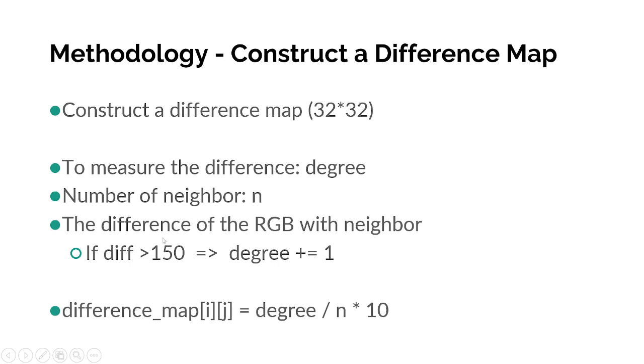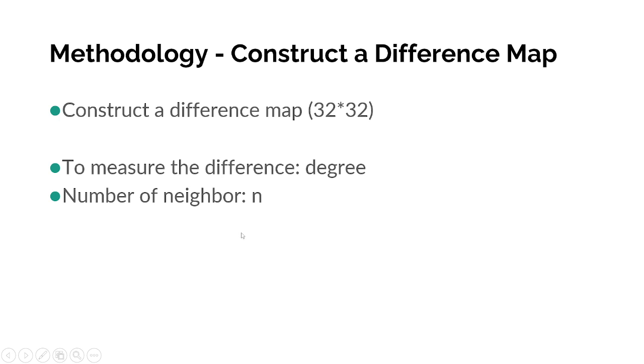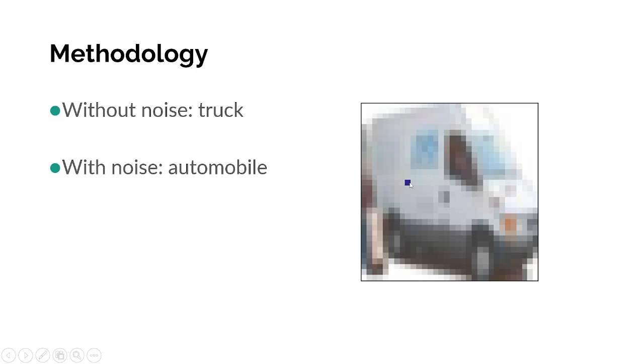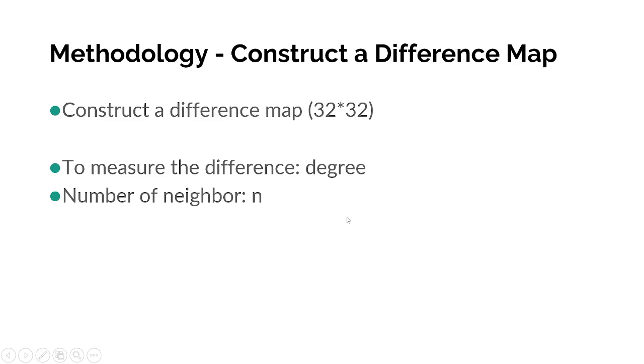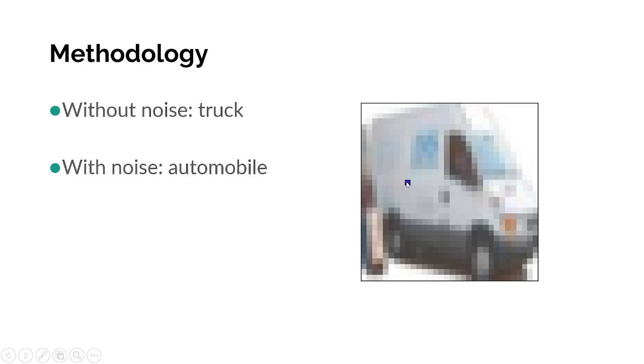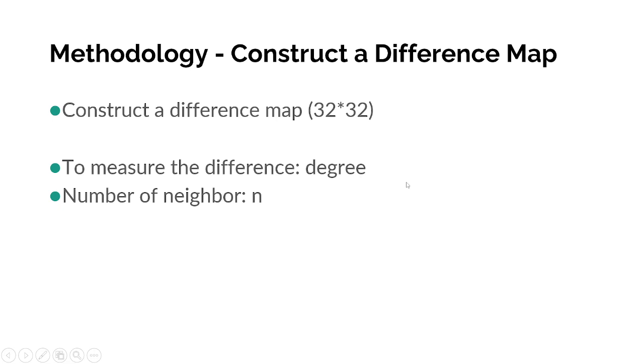He thinks if the difference with one pixel and another pixel is bigger than some threshold in RGB, like larger than 115, or 150, it should be calculated as 1 degree.